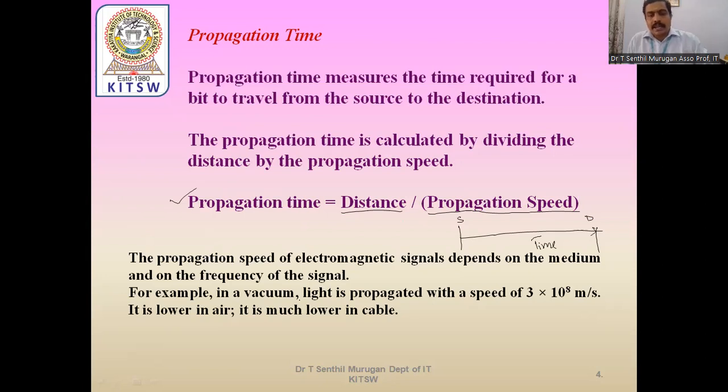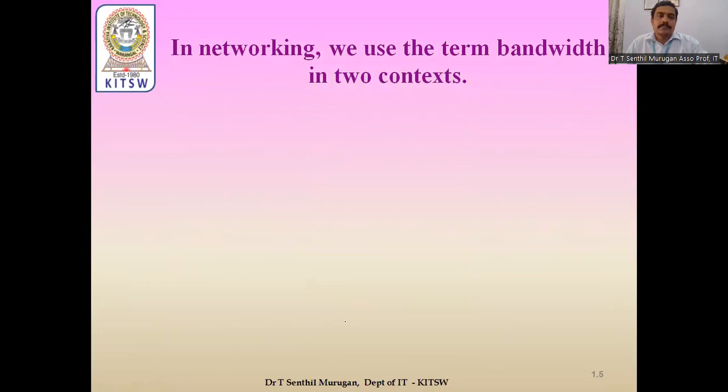For example, in a vacuum, light is propagated with a speed of 3 into 10 power 8 meter per second. It is lower in air, and much lower in cable. So this much speed is only in the vacuum. If it is in the air, it is again lower. If it is in the cable, again it is lower. Okay. So this is the propagation.